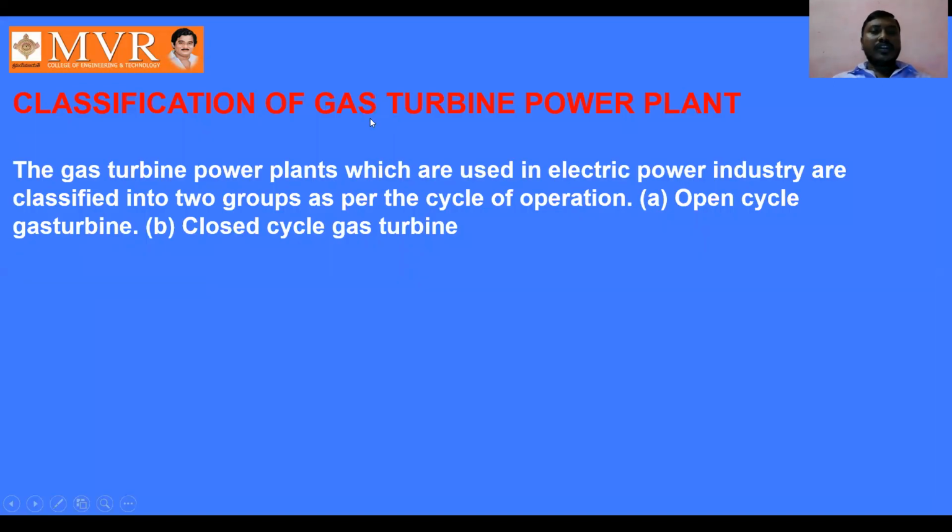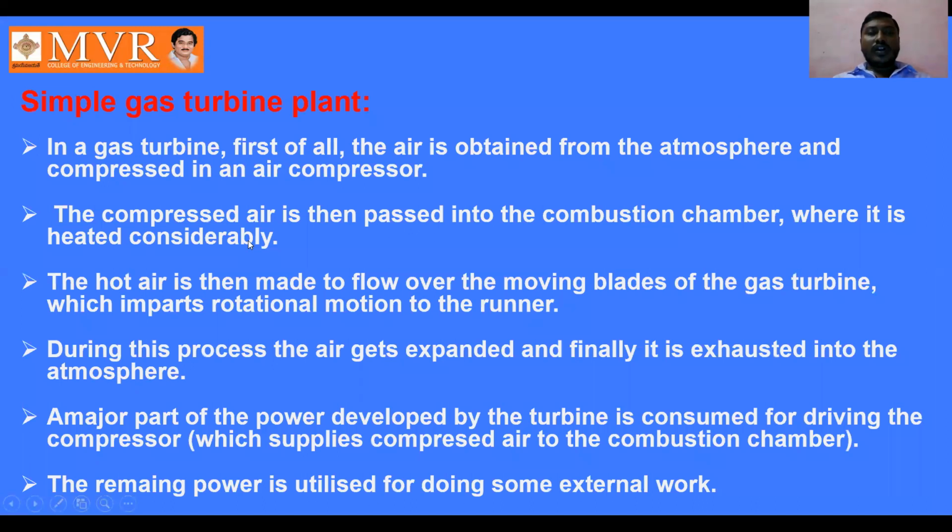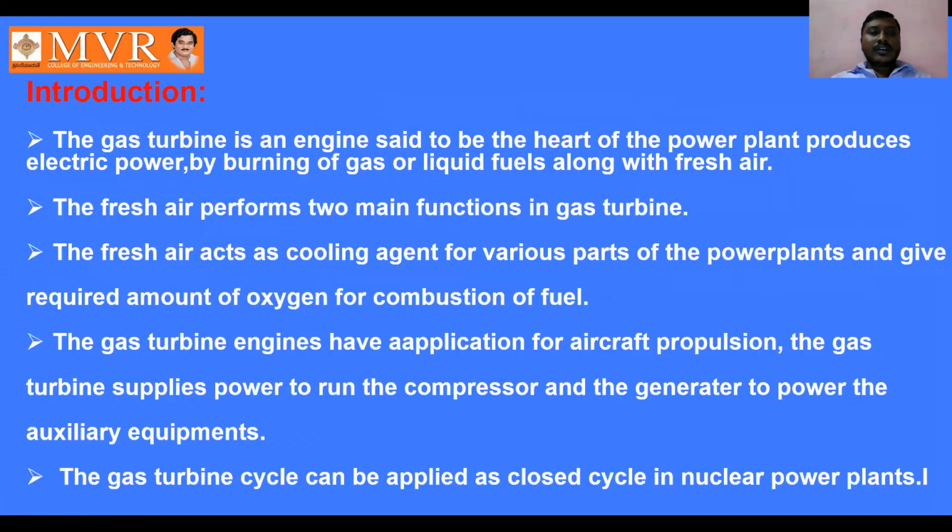See here, the classification of gas turbine plants. The gas turbine power plants used in the electric power industry are classified into two groups as per the cycle of operation, open cycle gas turbine as well as closed cycle gas turbine. This is about the gas turbine plant and how it works.